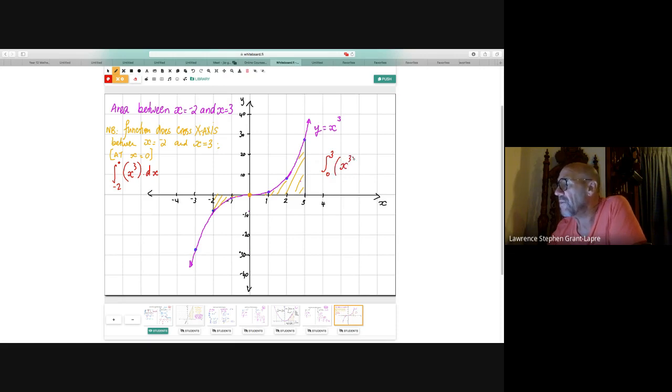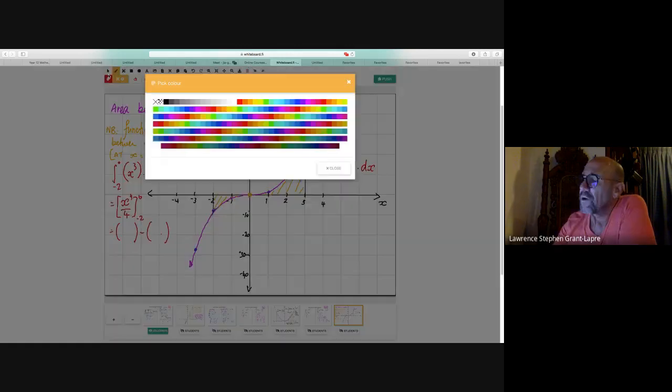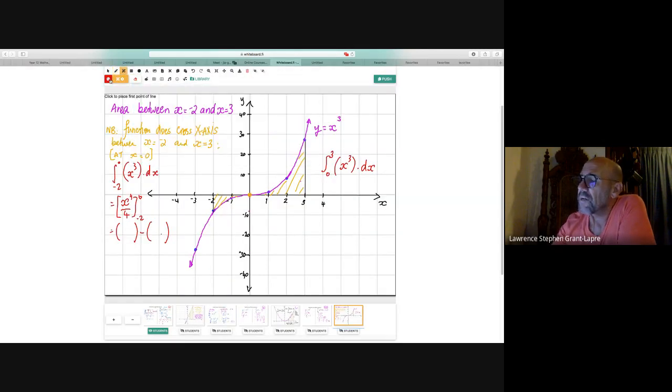You see, we cannot use 16.25 as our area, and I'll come to that later. Well, let's do this. We raise the power: x to the power of 4 over 4 between -2 and 0. We substitute 0, we substitute -2.